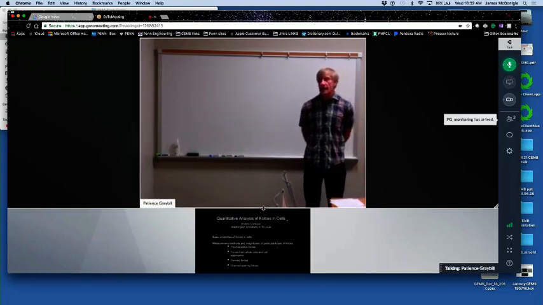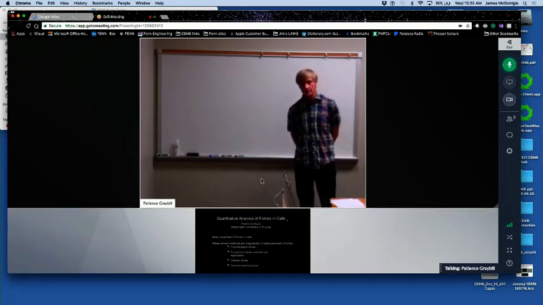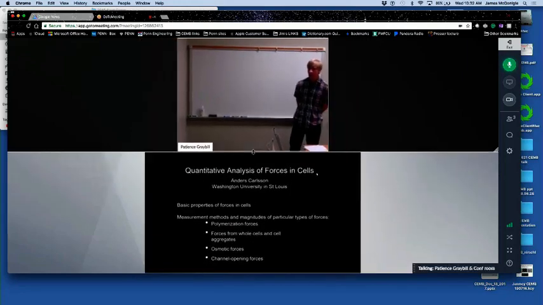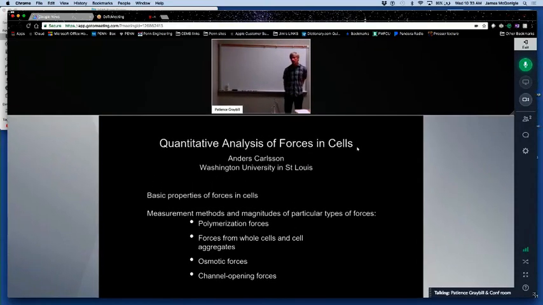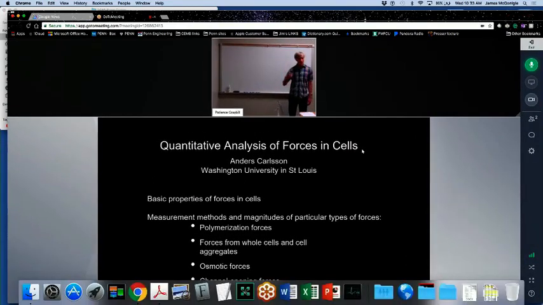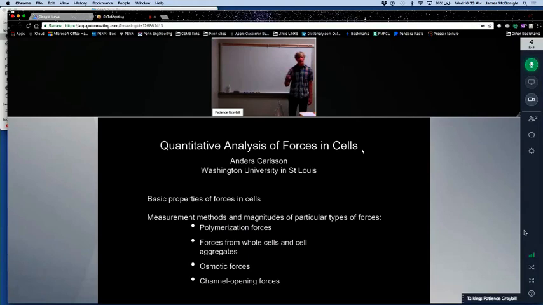There are several different types of forces in cells. One that I've been interested in over the years is forces from polymerization of biopolymers. Okay, and so we'll look at those. Those are rather small scale forces on the scale of individual filaments or a few filaments.